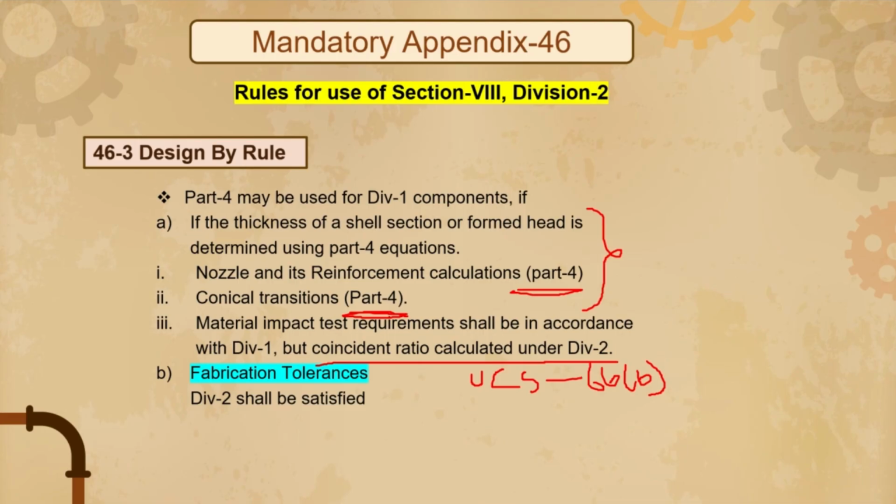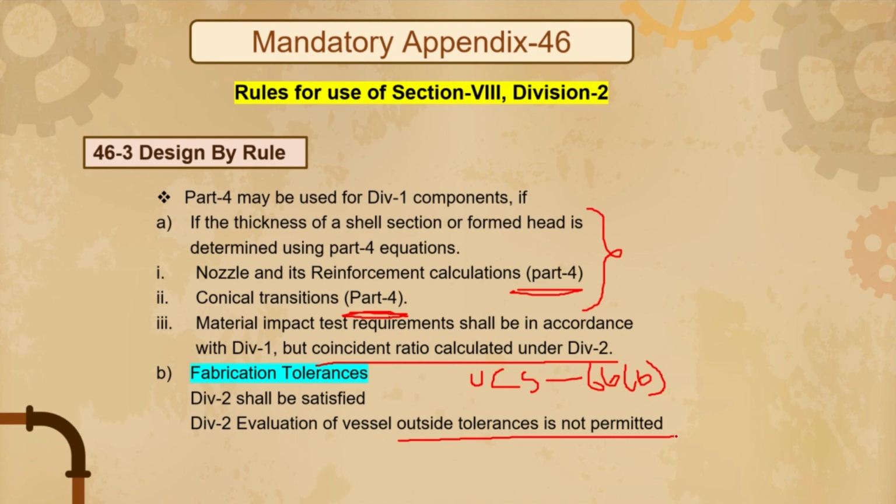Since we are using Division 2 formulas, we need to satisfy fabrication tolerances as per Division 2 only. But there is one more condition: the outside tolerance of Division 2 is not permitted, so we cannot achieve it. That's why we follow Division 1 for that. I hope you got this point also.